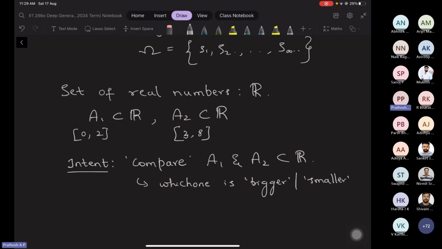These are subsets of real numbers. Cardinality of both of these are infinity, isn't it? So cardinality won't give you anything. If it's a discrete set, of course, but it's a subset of real numbers. No, cardinality won't help.